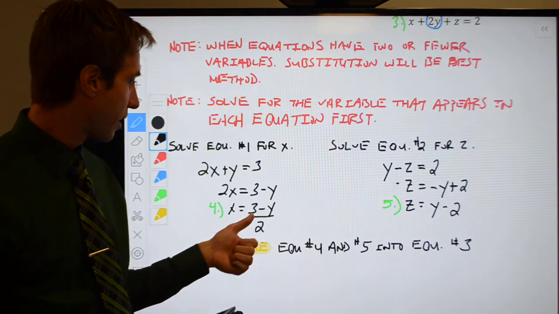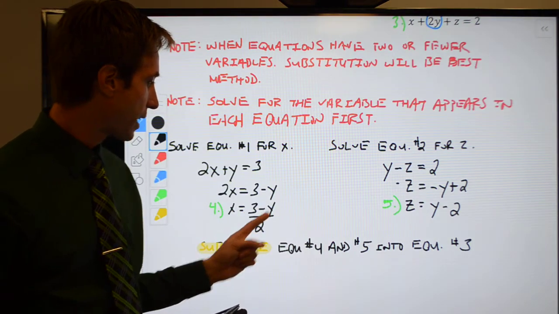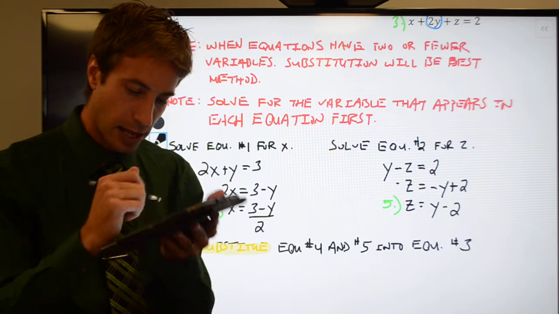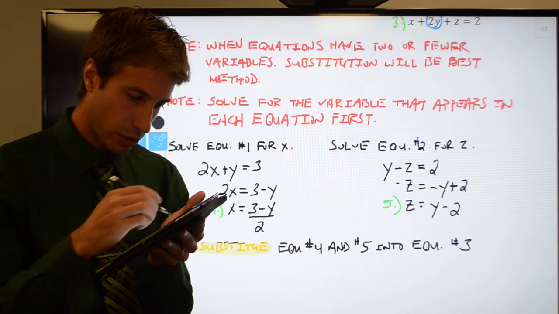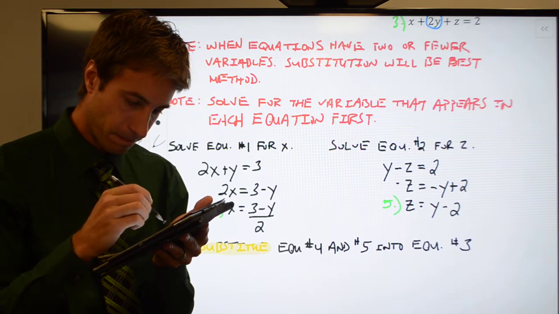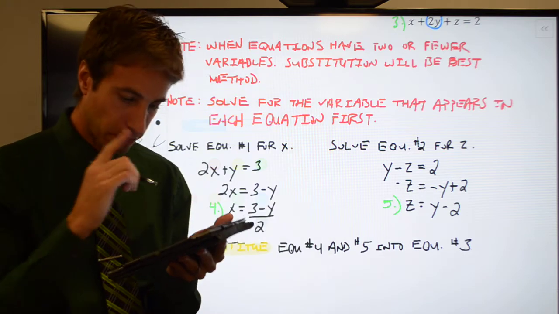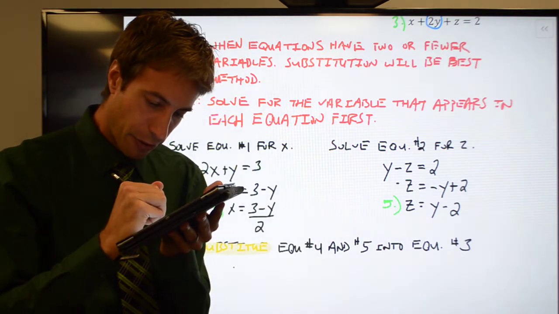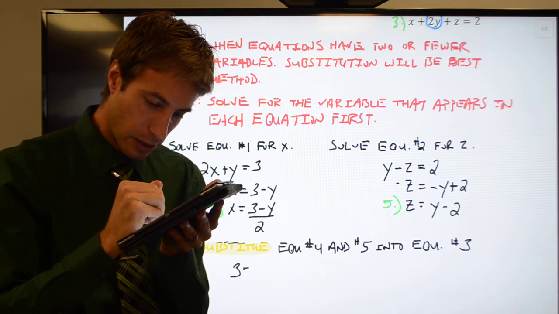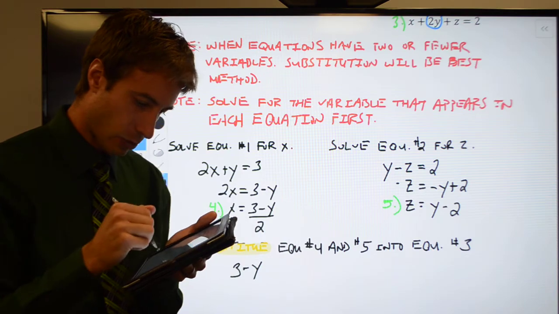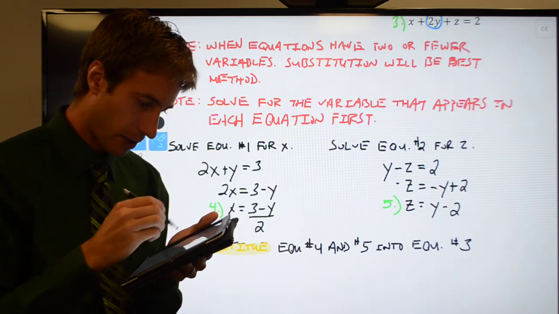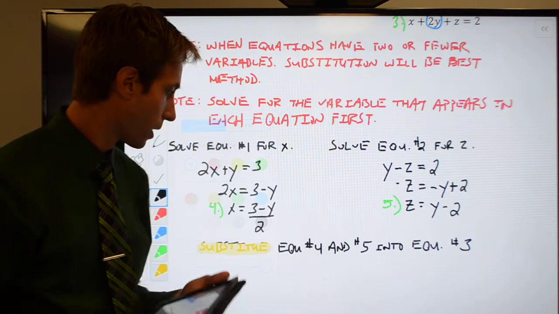When I plug this 3 minus y over 2 in for x, I would have 3. Sorry, hold up, that's my highlighter, I apologize. Here we go. I will have 3 minus y. Hang on, I am standing in the way. One second, let me slide this over for you. I'll put it over here.